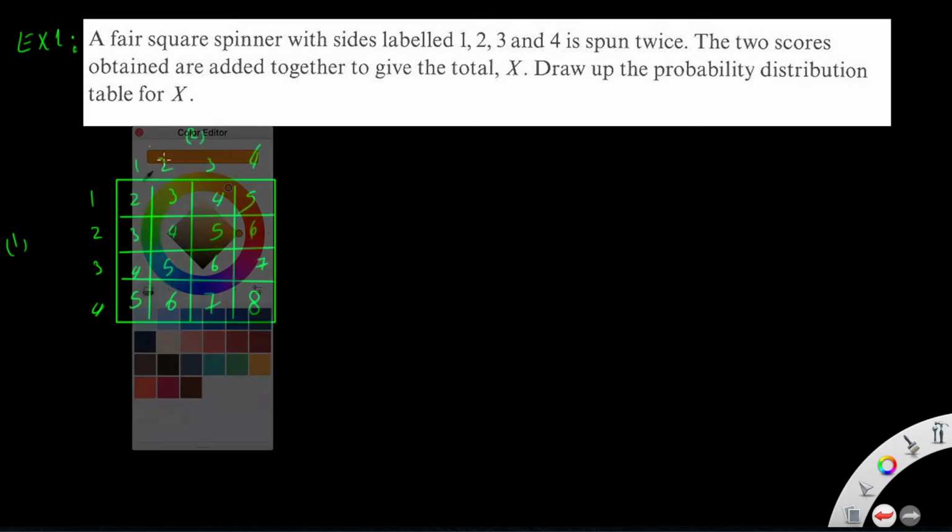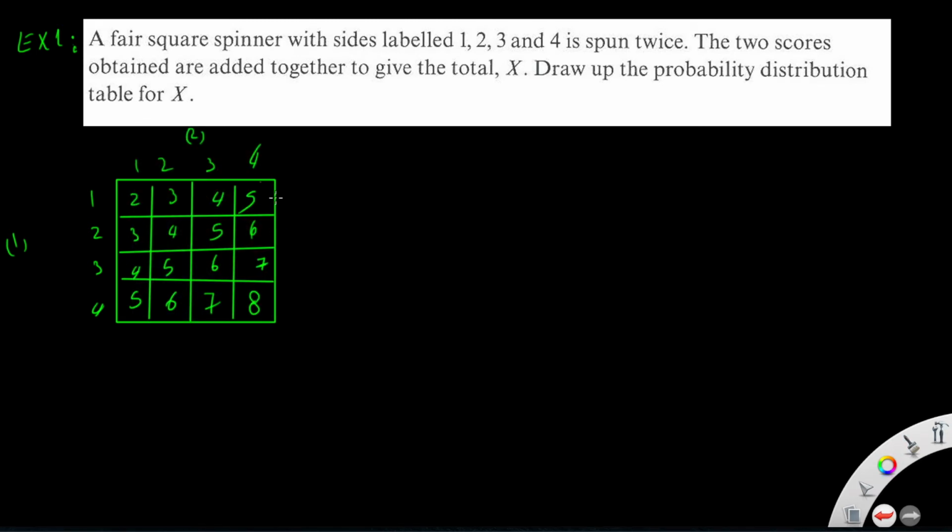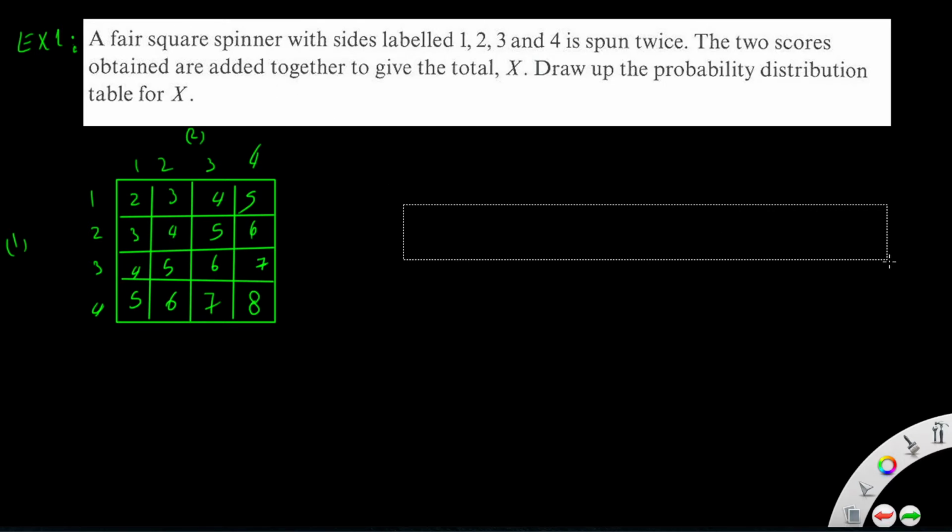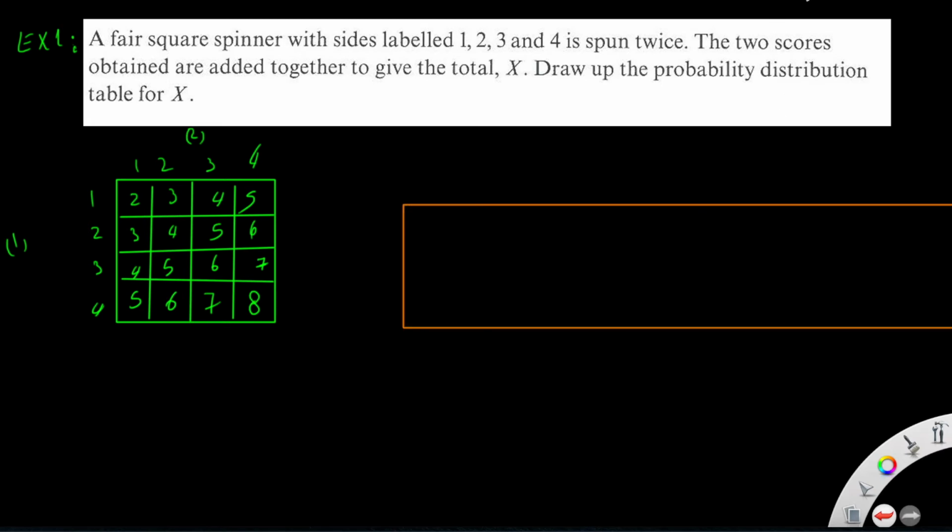Now, these are actually your x, the numbers which will be possible as the sum of the numbers shown by the two spinners. So if I construct a probability distribution table, I need to have these numbers. First one is x, and here the probability of capital X equal to x.